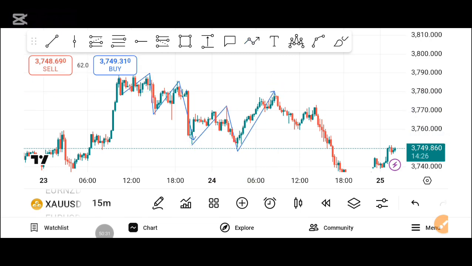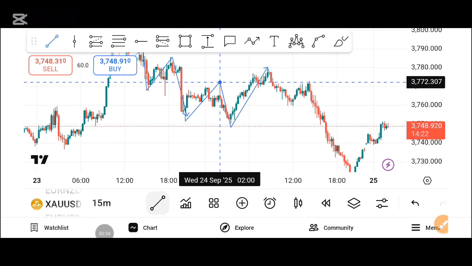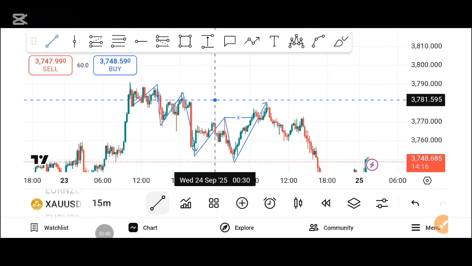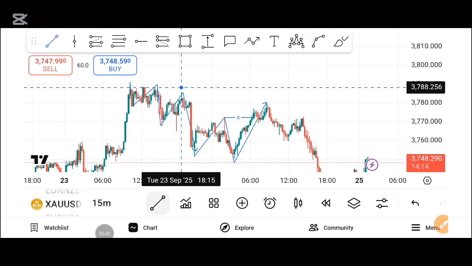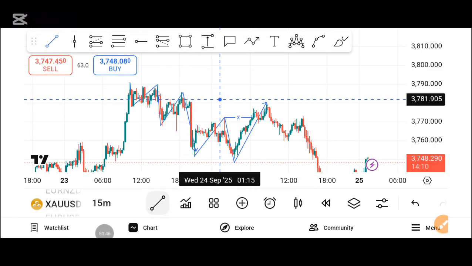The inducement was taken out at this point. So this is our inducement. It was taken at this point. Inducement will transfer from here to here, from here to here.